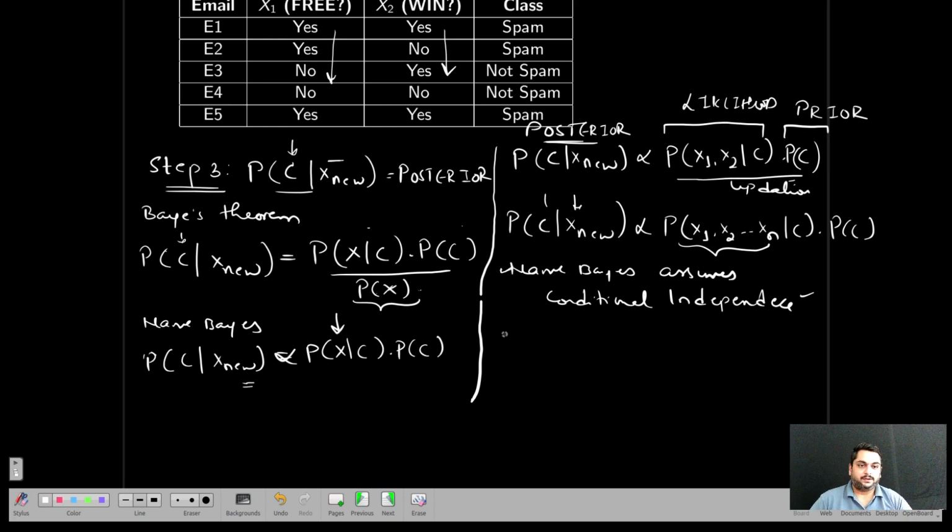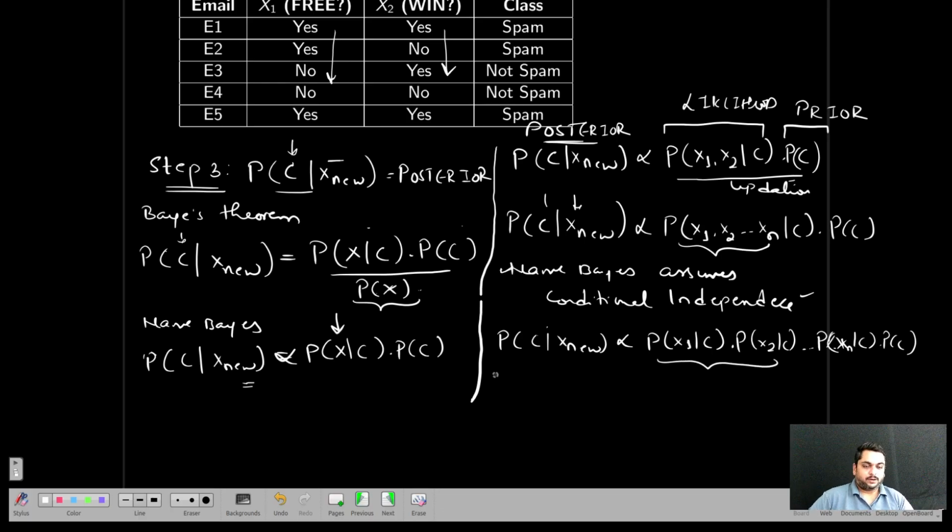They are not dependent. So how can I write this? This is nothing but P of c given x is proportional to probability of x1 given c into probability of x2 given c, and so on up to probability of xn given c into P of c. If I write it as a product, for summation you use the sigma symbol, and for product you use the pi symbol.